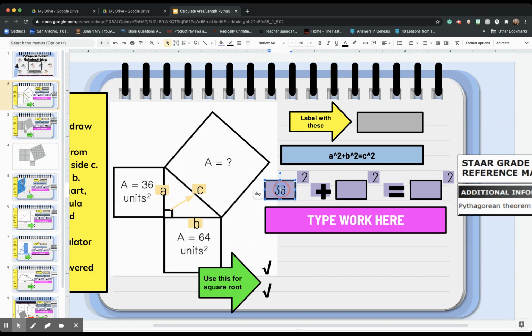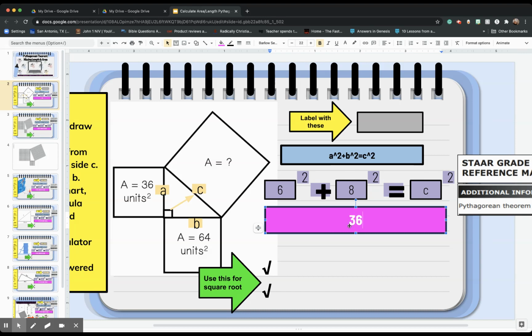But for the sake of practicing with the success criteria, I'm going to go ahead and put the 6 in. What is our B? Well, it's going to be the square root of 64, which is 8. So we have 6 squared plus 8 squared equals c squared. So now we're going to show our work here. 6 squared is 36.